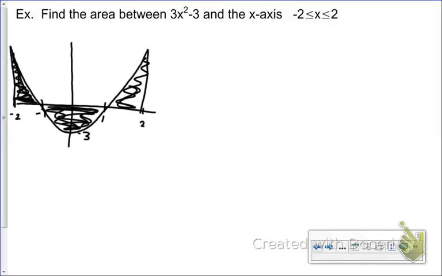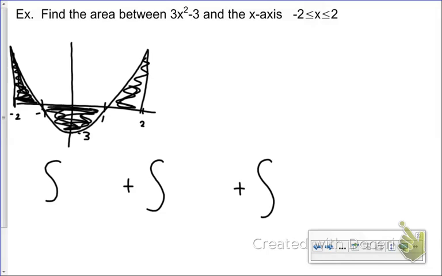It intersects the x-axis at -1 and 1. We need to find the area between the graph and the x-axis, so I've shaded in those three regions. I need to partition and divide up and integrate into 3 separate areas.